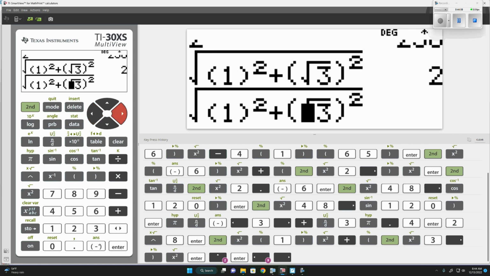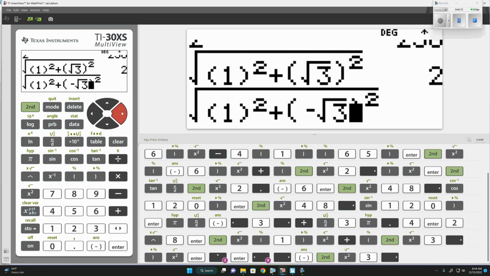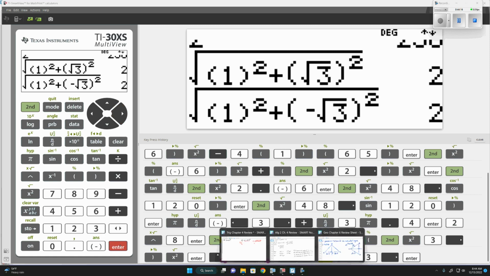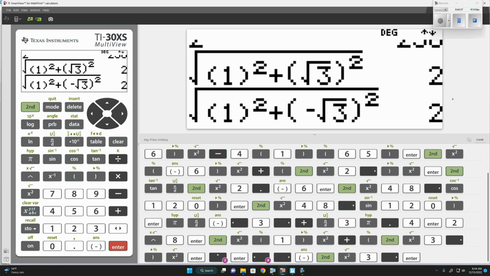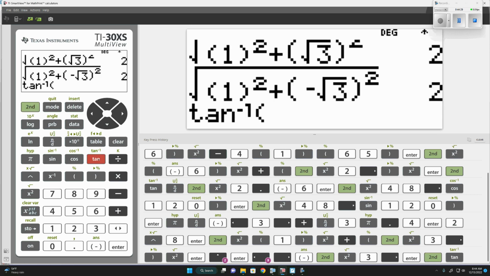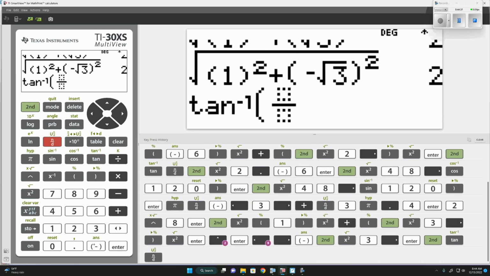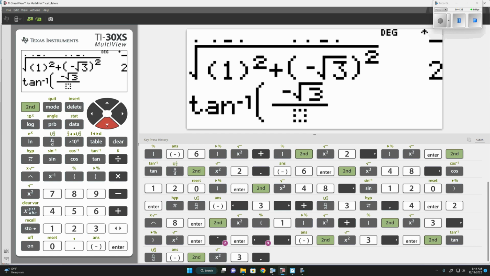Let's see here. Yeah, negative square root 3. We still get the same value of 2. So that's kind of nice. R is 2. Theta is going to equal tangent inverse of negative square root of 3 over 1. And again, we can leave it in degrees. Tangent inverse, negative square root of 3 over 1.